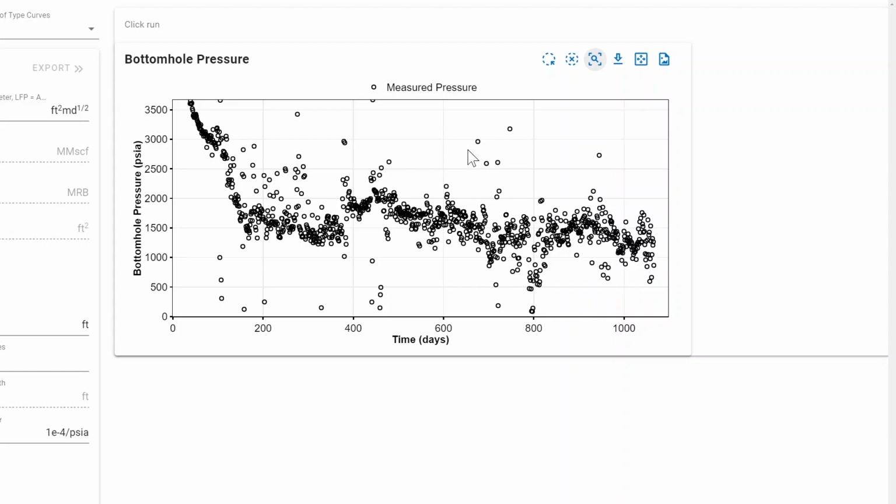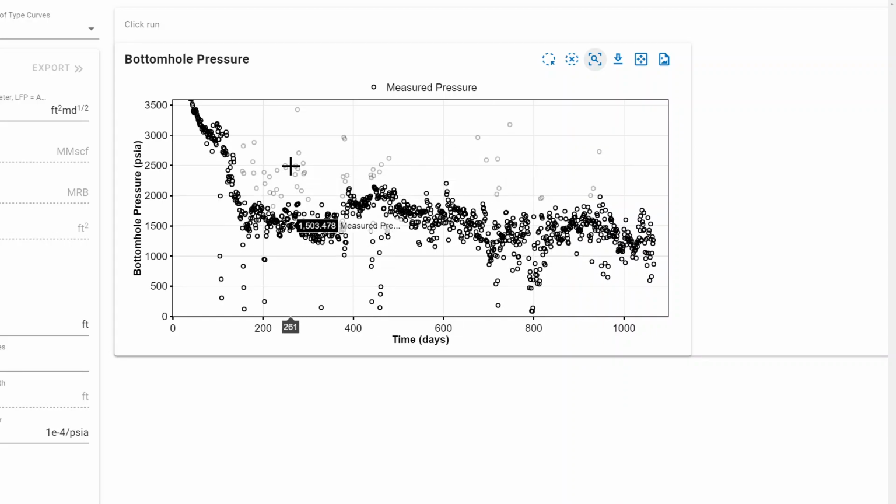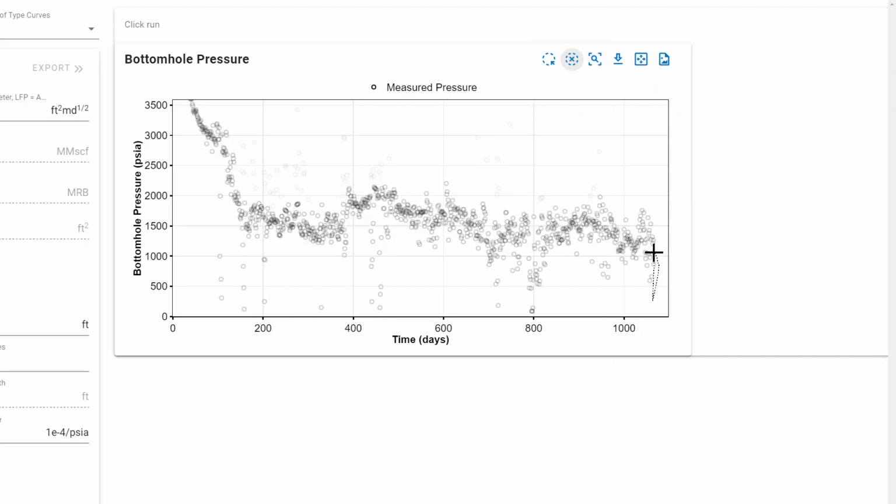And then all this data is now highlighted in a lighter gray, more transparent. And then I'll do the same for all of the data below what I think is correct.